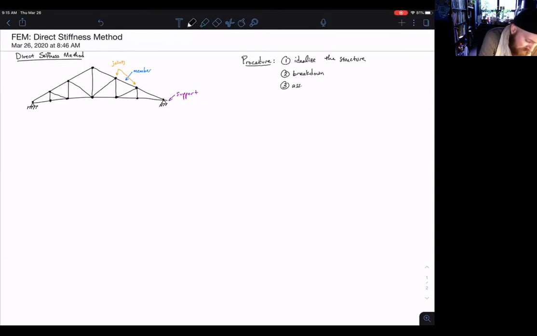And then we're going to reassemble the whole structure. Once we've done everything individually, we assemble it all back together to show you what the deformation or forces and stresses are in the actual structure that you're interested in. So idealizing the structure is where we're going to start.